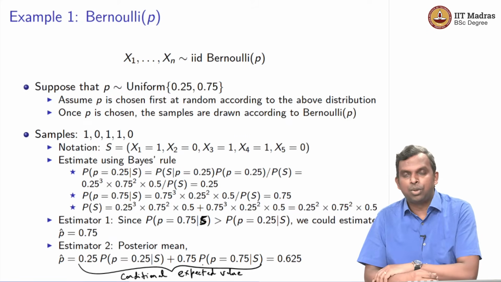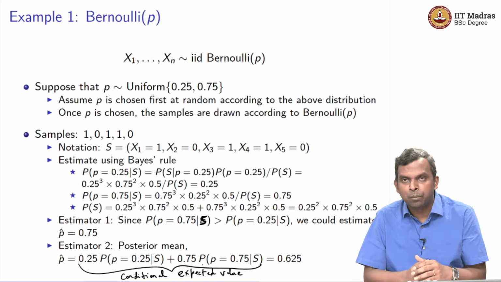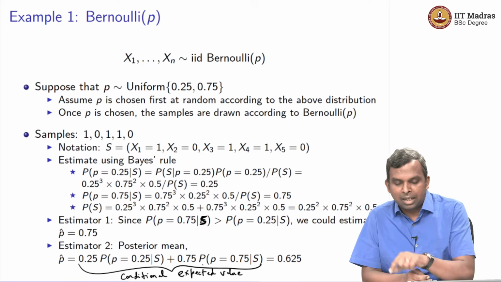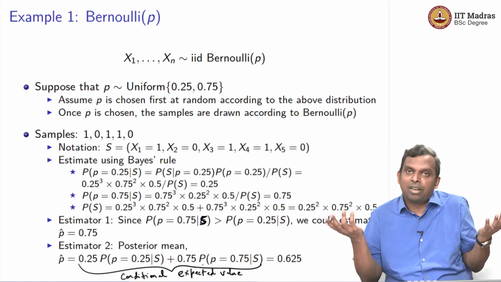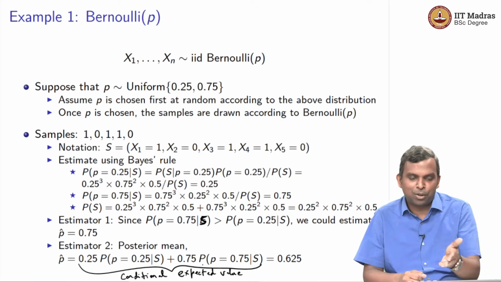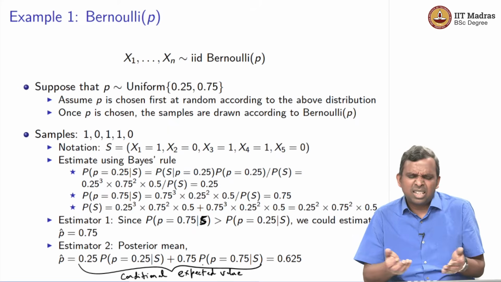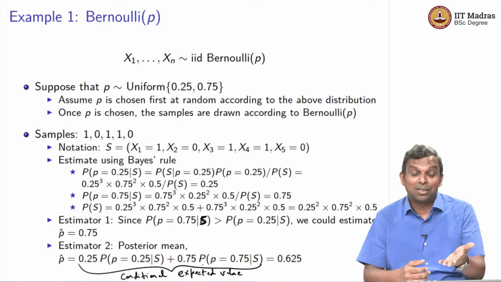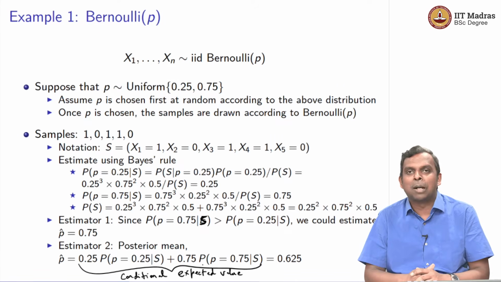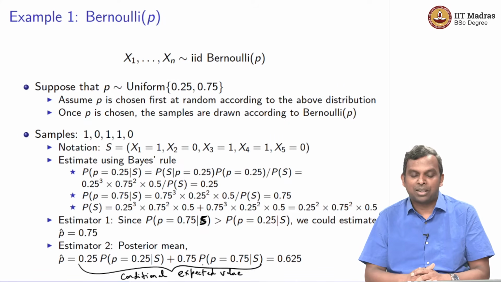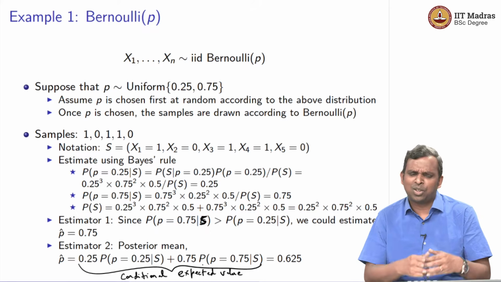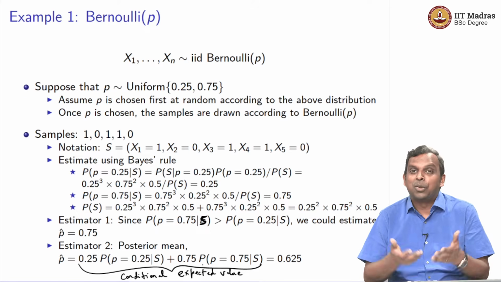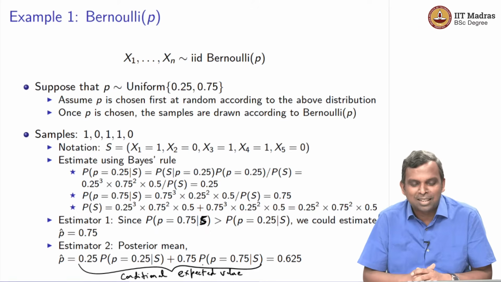These kinds of interesting differences will come, but it is nice that you got 0.625, which seems okay. When you look at 1 0 1 1 0, 0.625 looks a little more reasonable than 0.75, maybe. 3 out of 5 are ones. So maybe 0.625 is a little more reasonable, maybe it is not as strong as 0.75, who knows, this depends on the case.